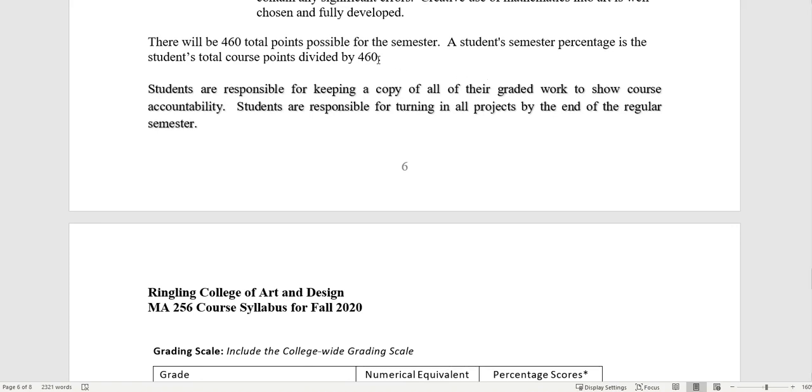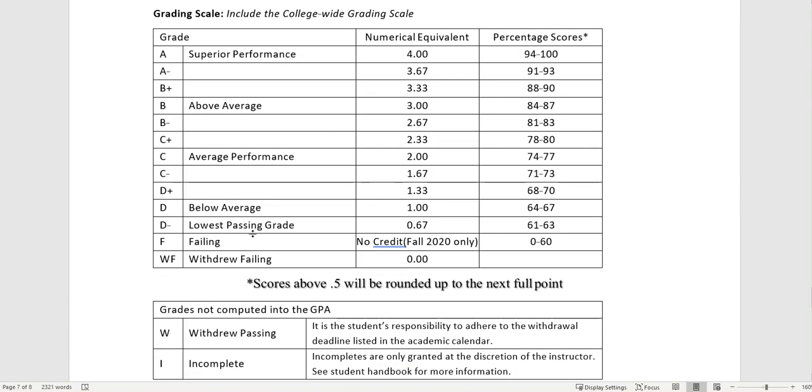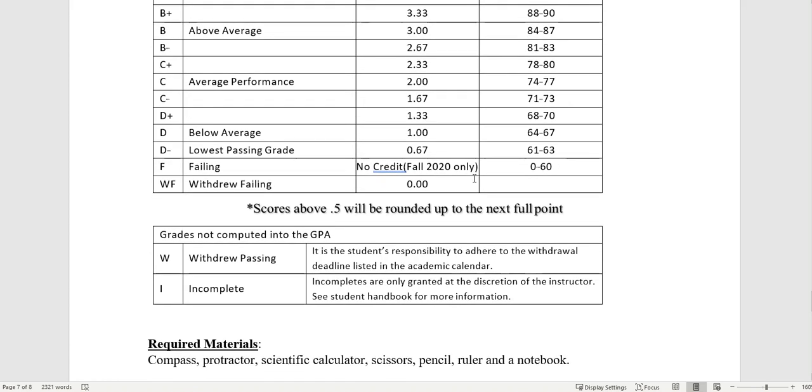But again, not everybody does. If you fall below that D or D minus, whatever Ringling accepts, then you're down here. Lowest passing grade is a D minus. So once you get below that 61%, then it's a failing grade.